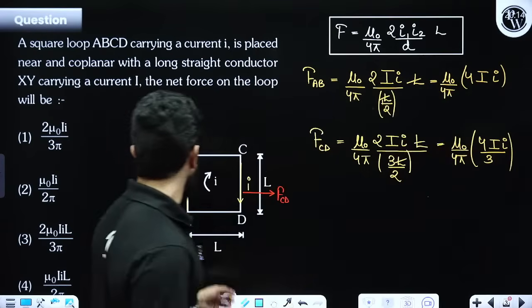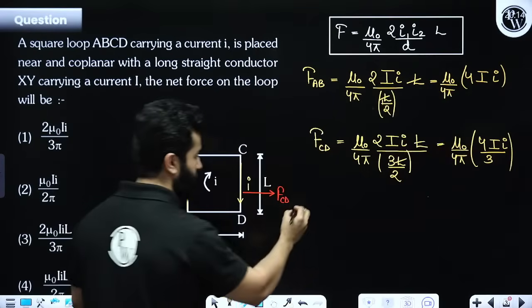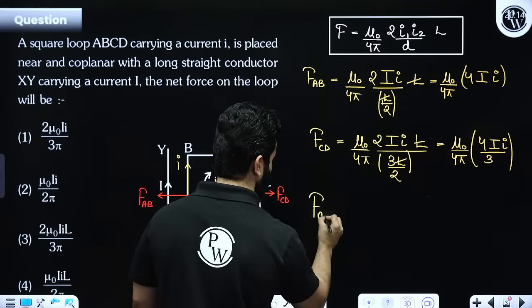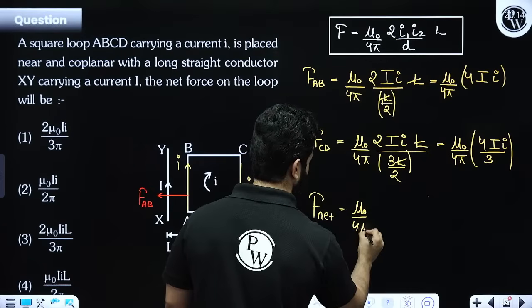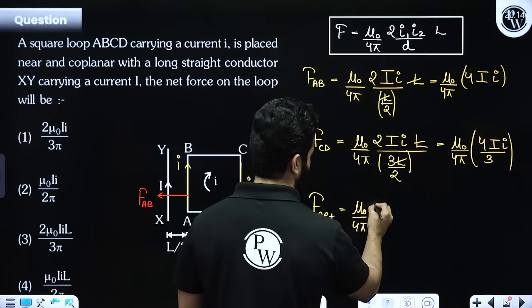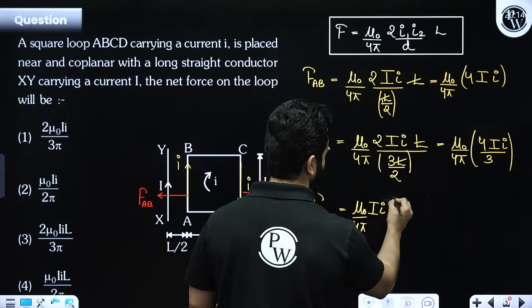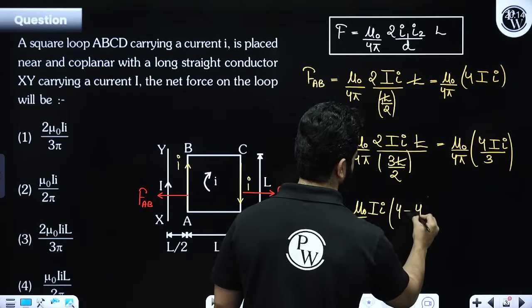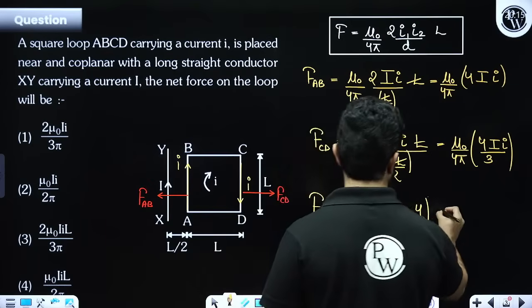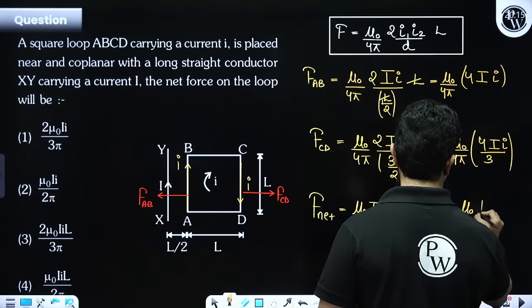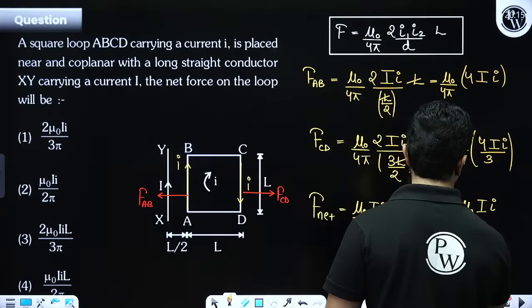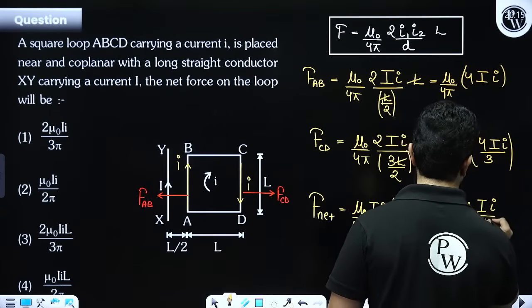So obviously this will be greater in magnitude, as you guys can see. So net force is going to be mu naught upon 4 pi I times I, and this will be 4 minus 4 by 3. That means 1 by 3. So mu naught I upon 4 pi, and you have got 3 over here.